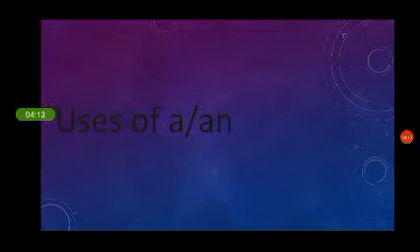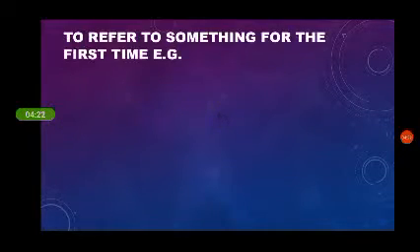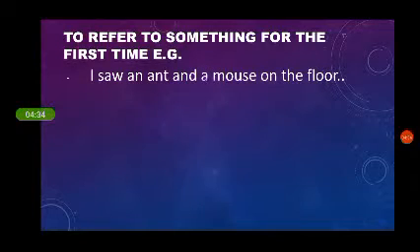Uses of a or an. So let us take this in words and of course in sentences. We use a or an to refer to something for the first time. Okay, if you are introducing something for the first time, we use a or an. I saw an ant and a mouse on the floor.